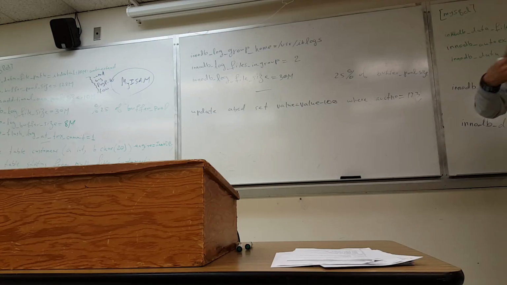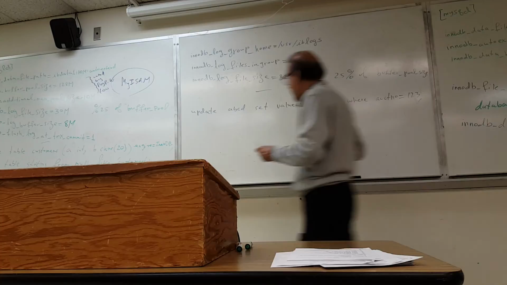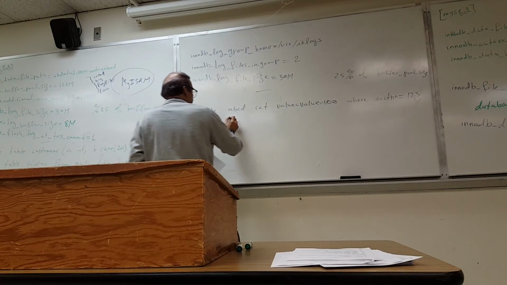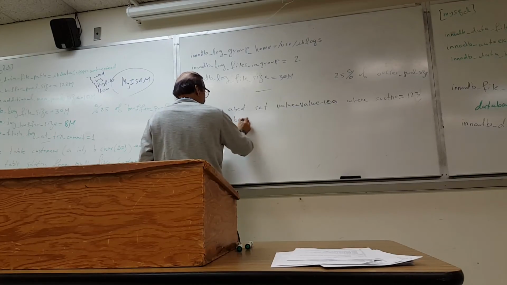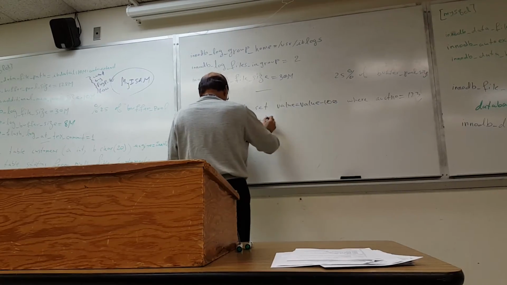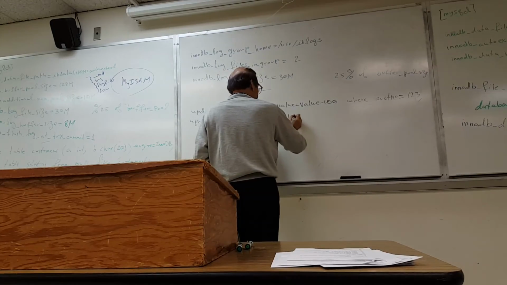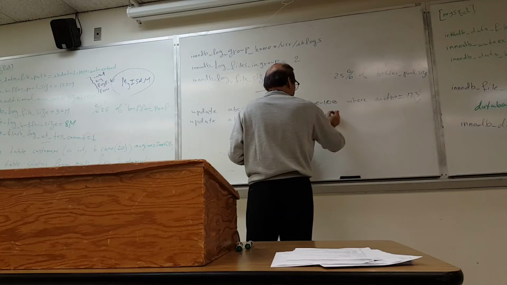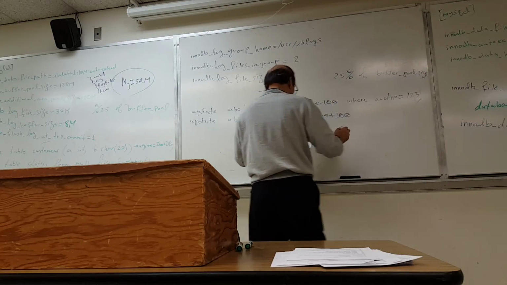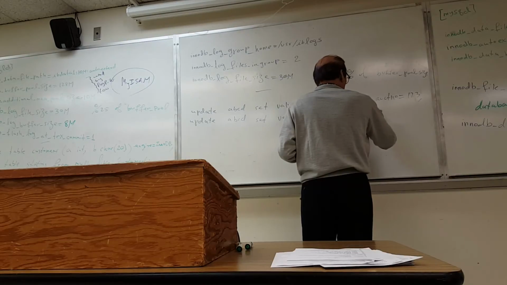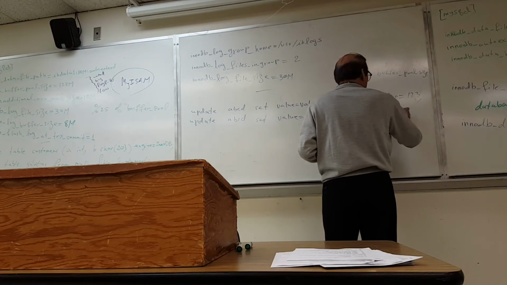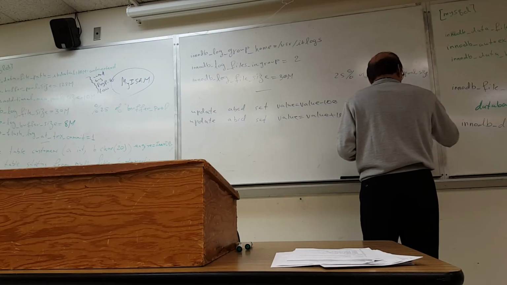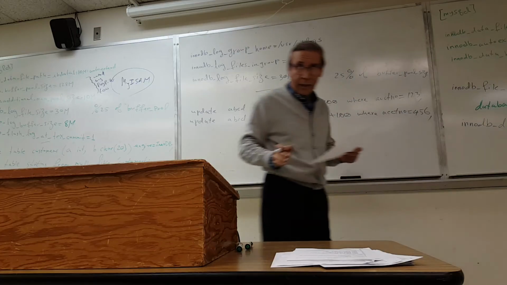And now, the next one you're going to do is update ABCD set value equal value plus 100, where ACCTNO equal 4, 5, 6, different accounts.